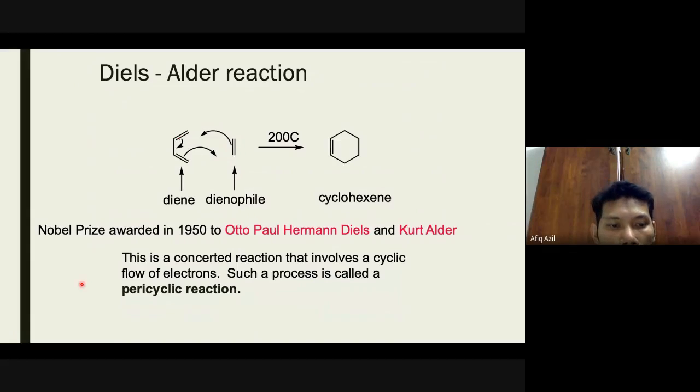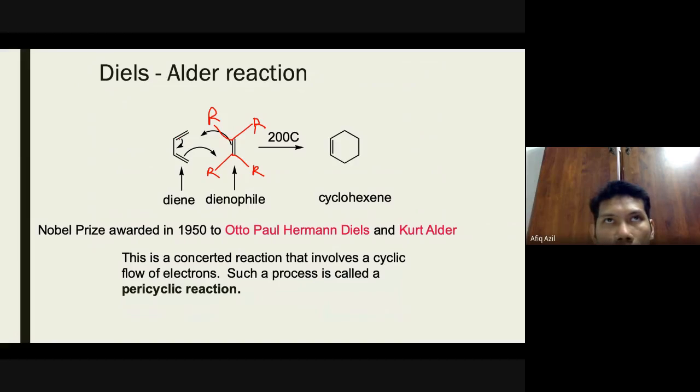In fact, this dienophile can have any substituents. It can be like this. Since this is carbon, and carbon can contain 4 bonds, you can have any substituents over here. R, this one also R, this one also R, regardless of the substituents. And these substituents will stay.